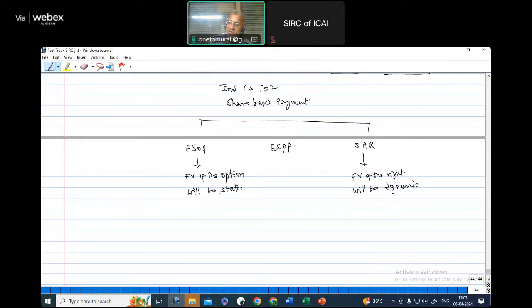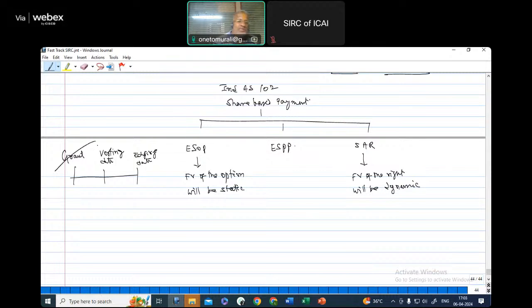So the fair value of the option will be static, and whatever value you have on the grant date, the same value will continue to be there. I hope all of you know about 3 dates: the grant date, the vesting date, and the expiry date.